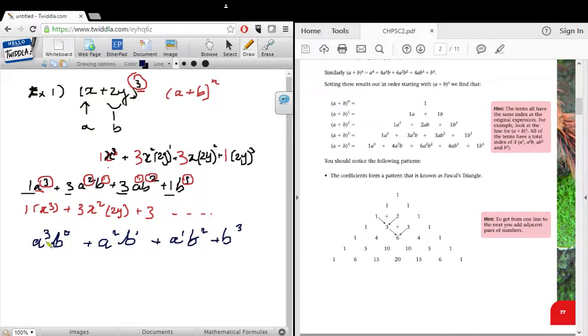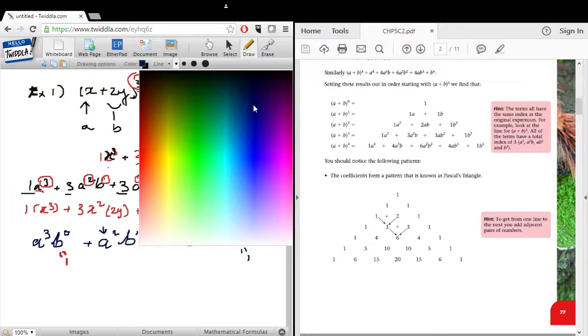So you can see that as we start off with 3, the highest power, this decreases by 1 and this gains a 1. This decreases by another 1 and it gains another 1, until we get back to this point where b now has 3 and a is 0. We know that anything to the power of 0 is equal to 1, which is why it's denoted as that.